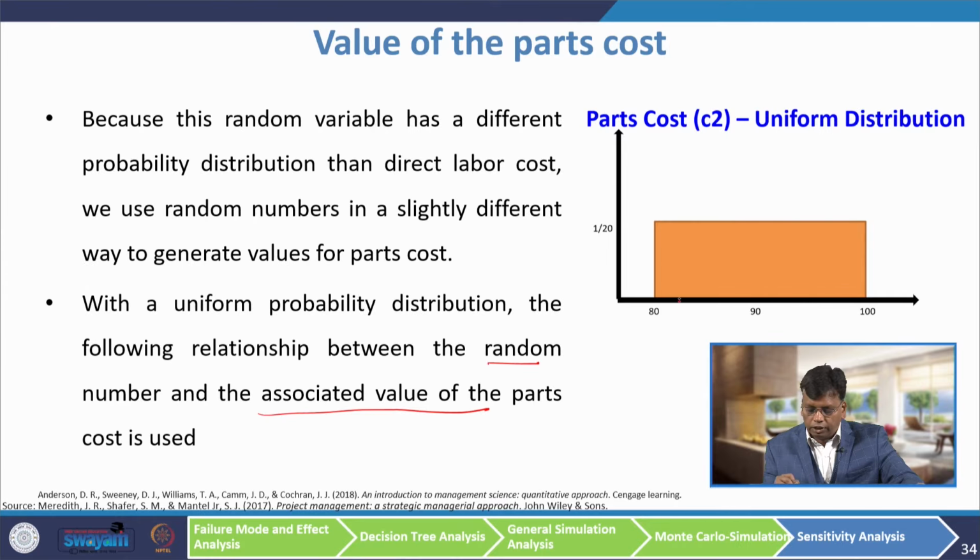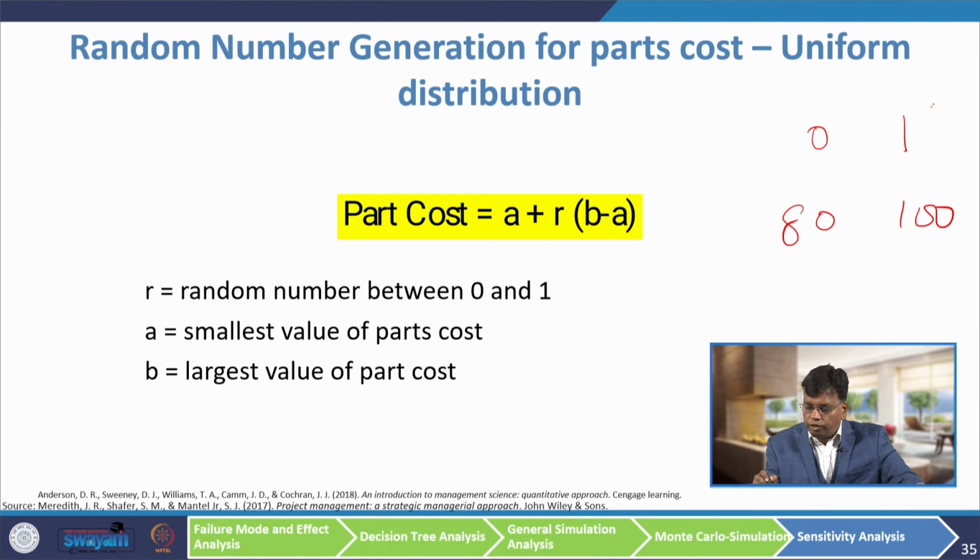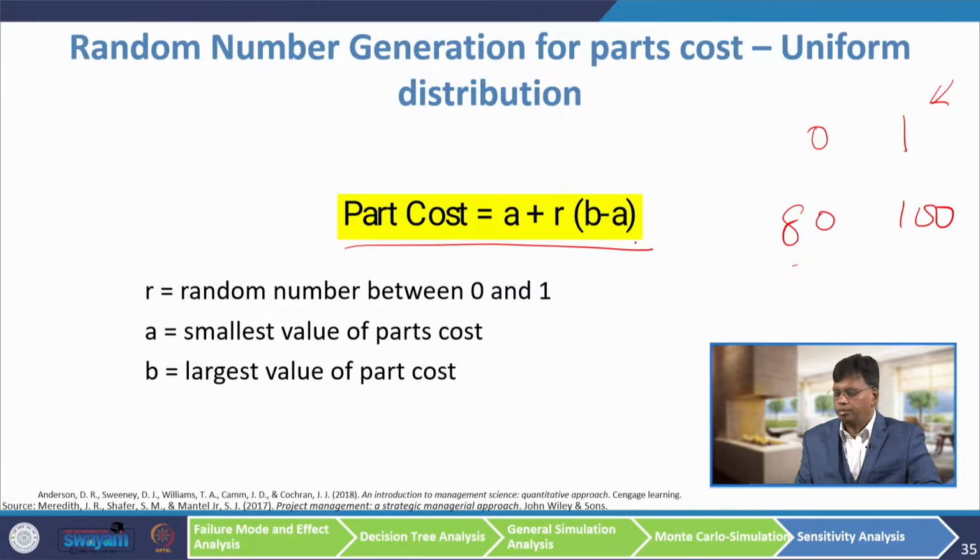So, the lower limit of this uniform distribution is 80, upper limit is 100, but if you use a calculator, you are getting a random number between 0 and 1, but you want a random number between 80 and 100. To convert a random number between 0 and 1 to between 80 and 100, we have to use this formula A plus R into B minus A. This is called pseudo random numbers. Why are we using this formula? We are converting random numbers which are generated from the calculator, and later we convert them into the uniform distribution.